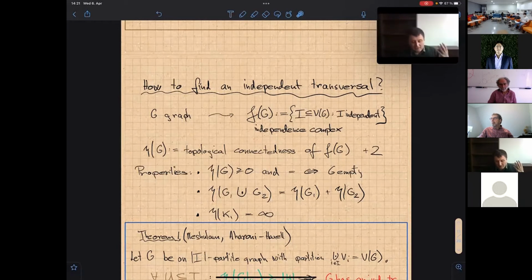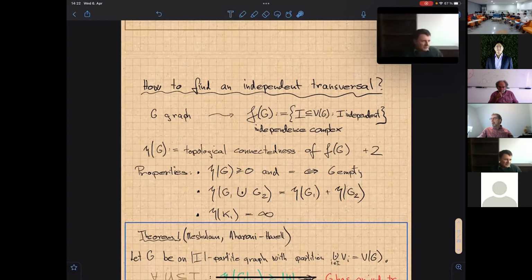And the exact value is 2 delta. So for any graph of maximum degree delta, there is an independent transversal if the part sizes are 2 delta. Okay, and this is tight, and there is a construction that has part sizes 2 delta minus 1, and there is no independent transversal.